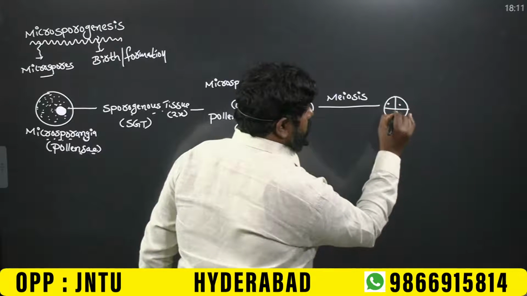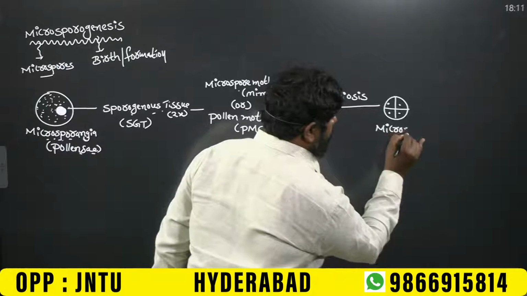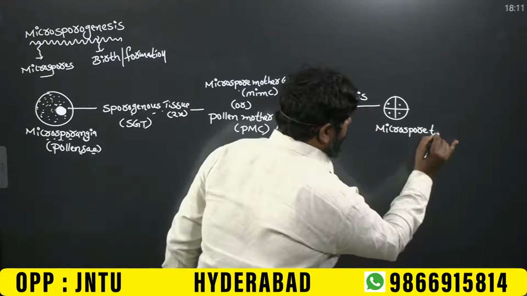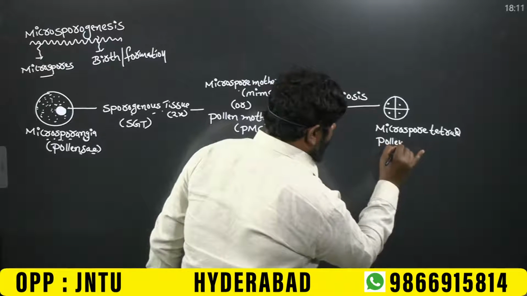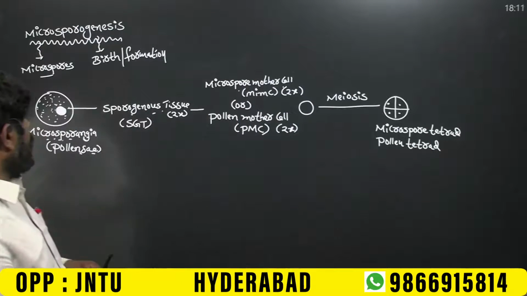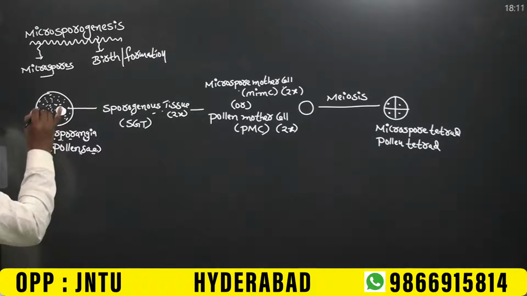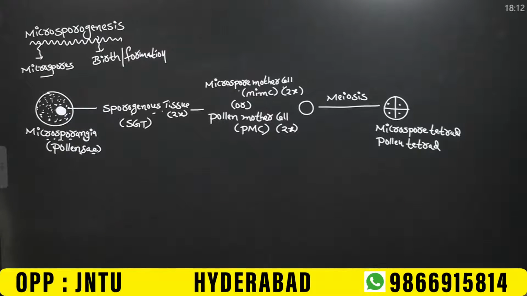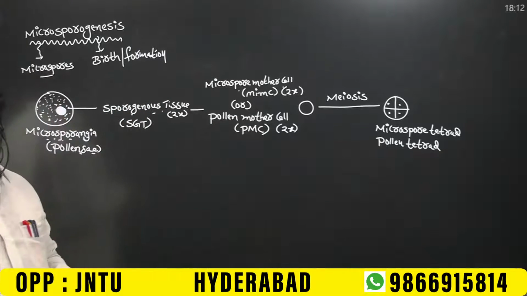See, 1, 2, 3, 4. These 4 microspores are collectively called the microspore tetrad, which is also called the pollen tetrad. So first, inside the microsporangia, one fertile and diploid tissue is present, called sporogenous tissue. This tissue develops one specialized cell called the microspore mother cell or pollen mother cell, which undergoes meiosis to form 4 microspores.